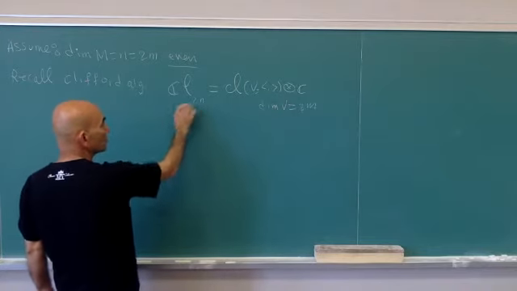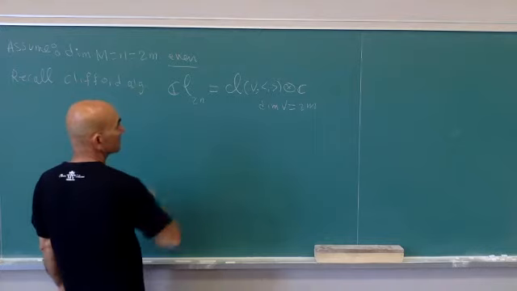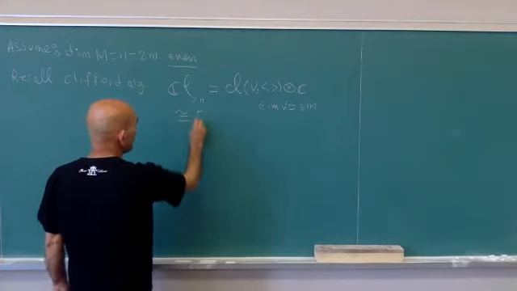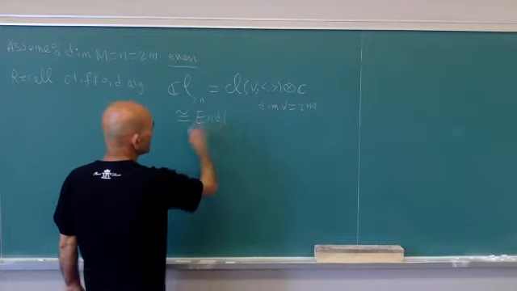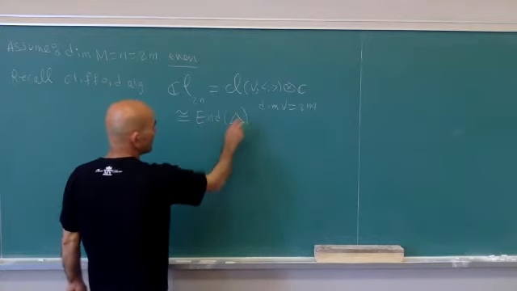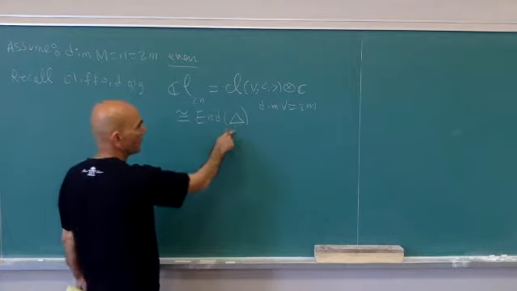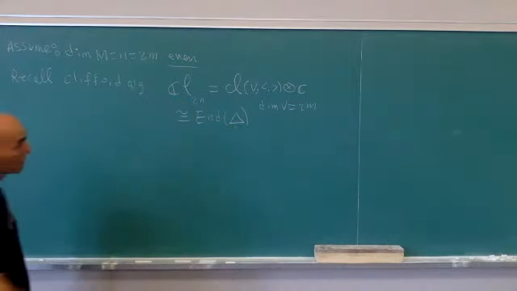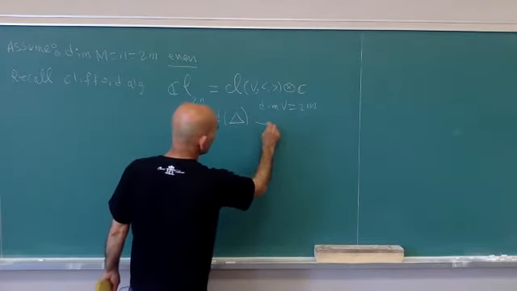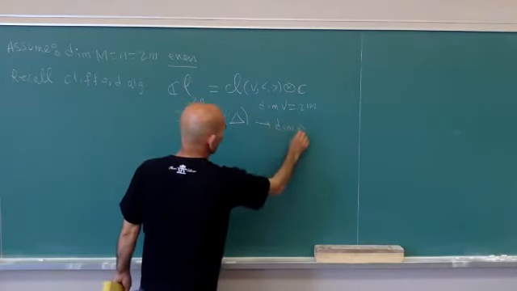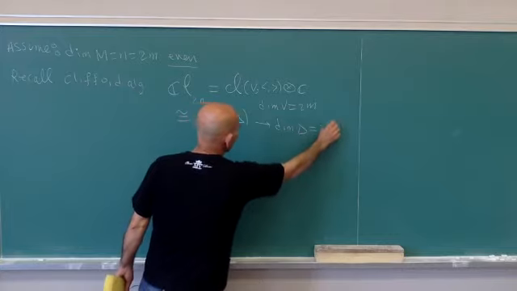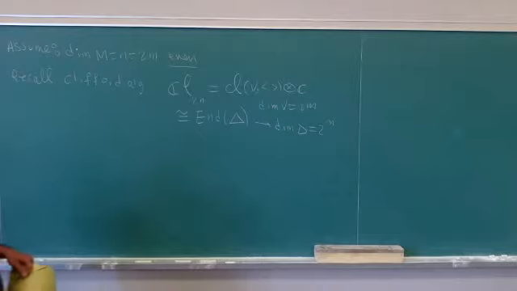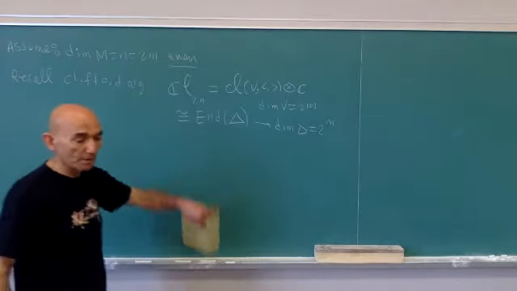Its dimension is 2 to the 2m, and we know that this is just a matrix algebra, isomorphic to the endomorphisms of the space of spinors, whose dimension is 2 to the m. So the complex spinors have dimension 2 to the m.